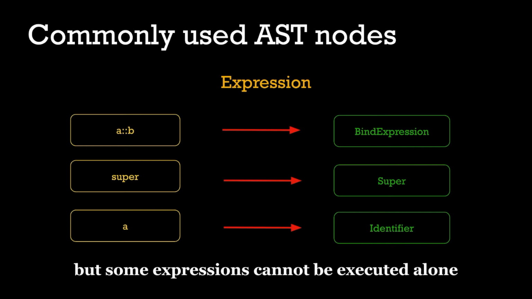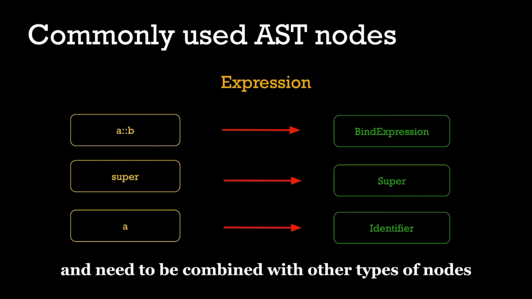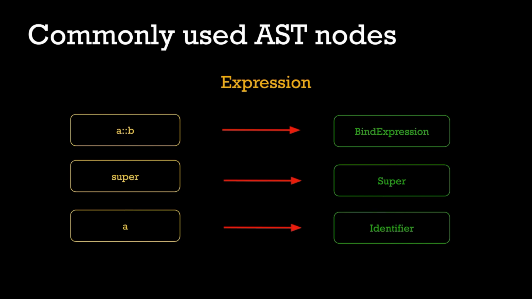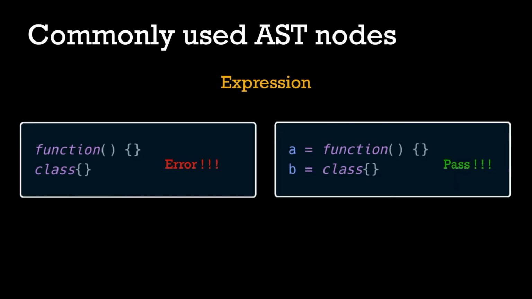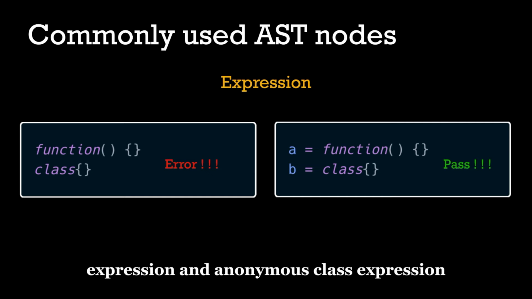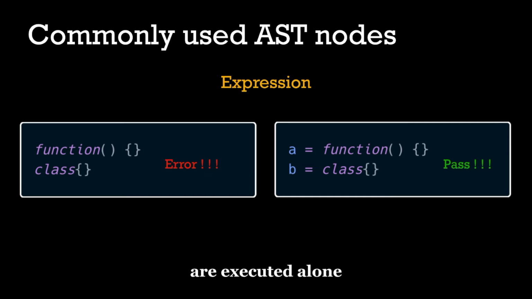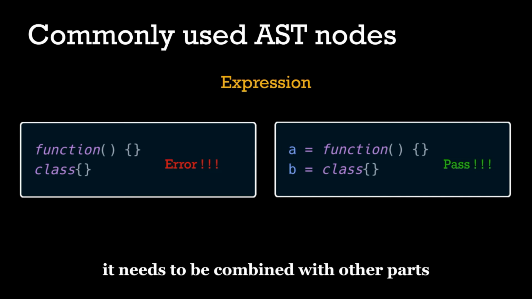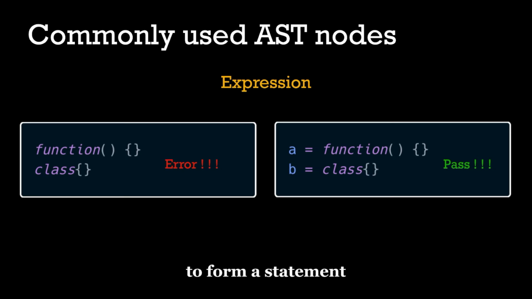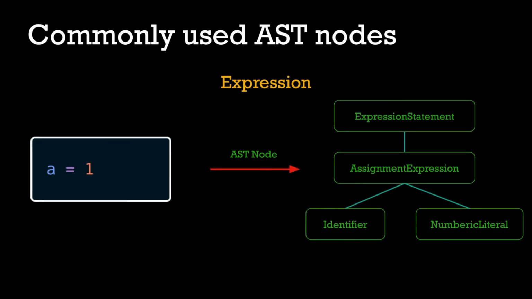But some expressions cannot be executed alone and need to be combined with other types of nodes to form a statement. For example, if an anonymous function expression and an anonymous class expression are executed alone, an error will be shown. It needs to be combined with other parts to form a statement, such as an assignment statement.